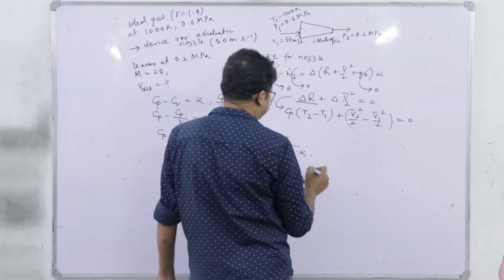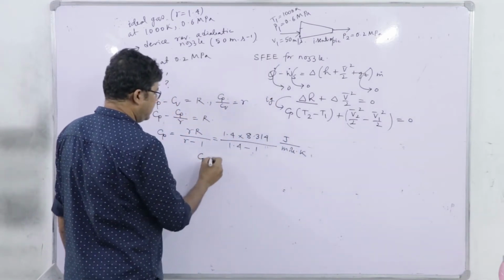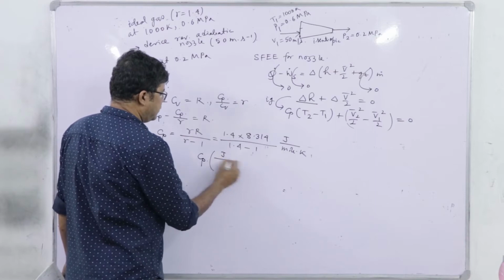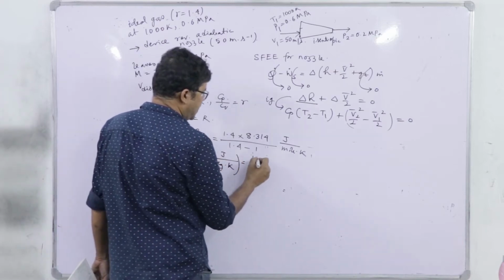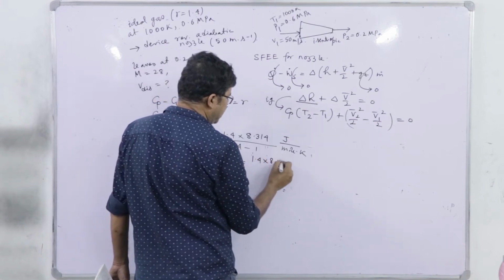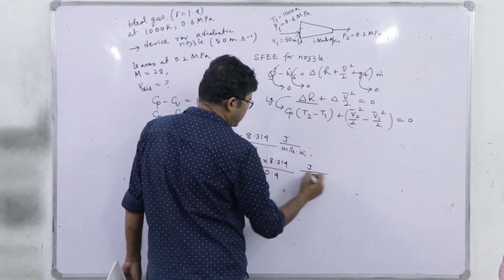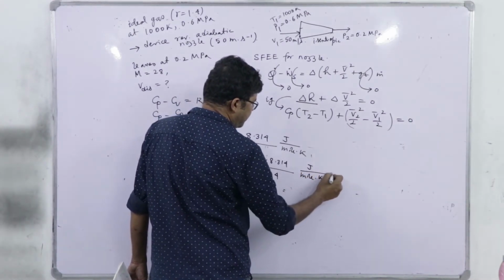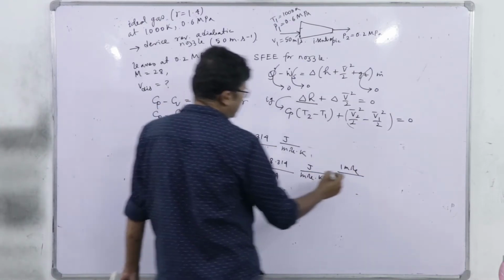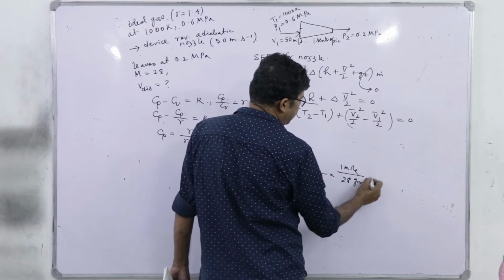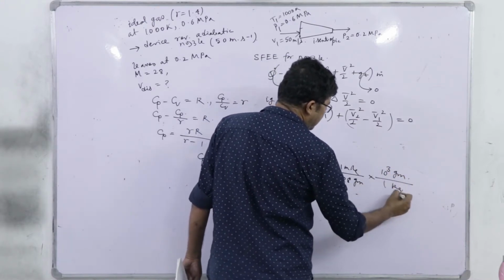So, here we consider this Cp in joule per kg per Kelvin equal to 1.4 into 8.314 divided by 0.4 joule per mole per Kelvin. 1 mole, its molecular weight is 28, so 28 gram, 10 to the power 3 gram is 1 kg.